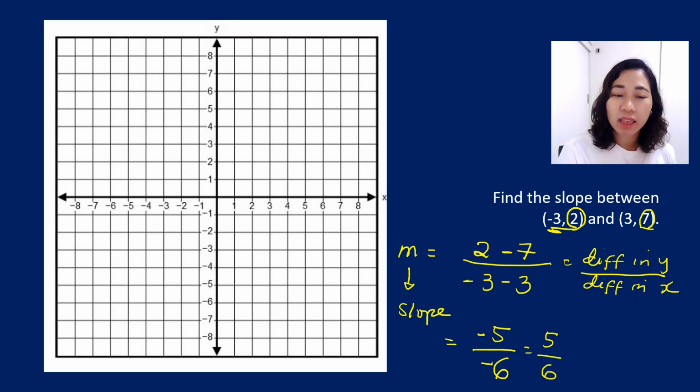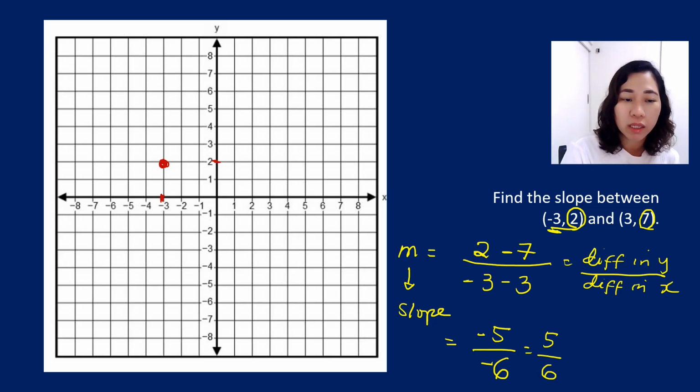Now let us get the slope using the line. Okay, first what I will do is I will interpret this graphically. Let us first plot the points. We have negative 3, positive 2, so that's this one. Okay, and then 3, 7, so it's here.